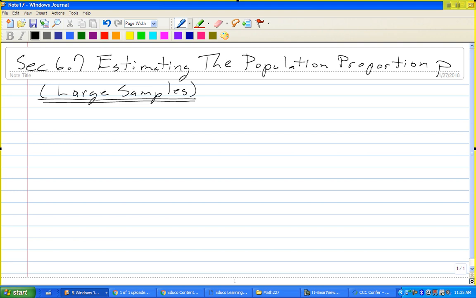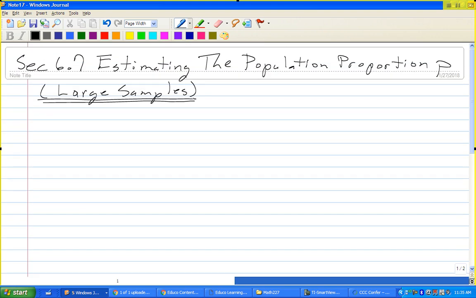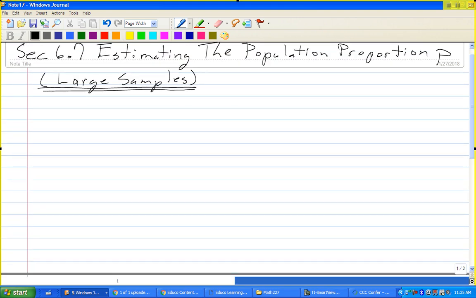So let's recall some things. The expected value, the mean for the sampling distribution of all possible sample proportions is the population proportion.